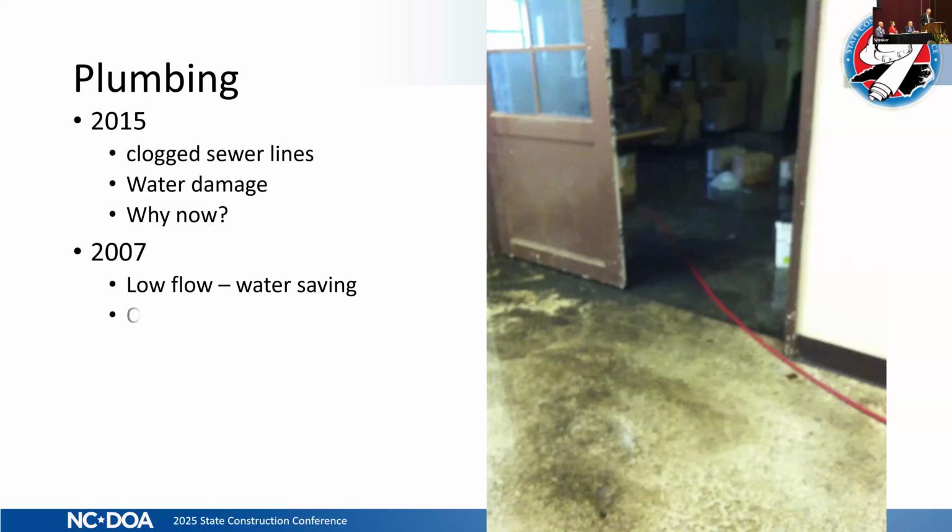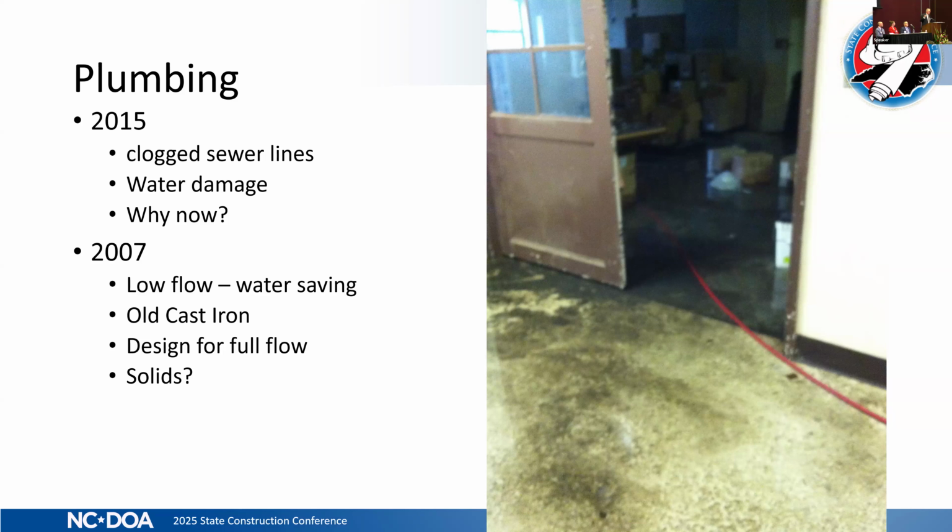Well, it turns out in 2007, we did an ESCO project and we installed low flow water saving fixtures all over the place. In our old buildings, we installed low flow fixtures. Maybe you already know the same thing I do now, and that is that we had old cast iron pipe. And our old cast iron pipe has very rough interiors, and it is designed for full flow.